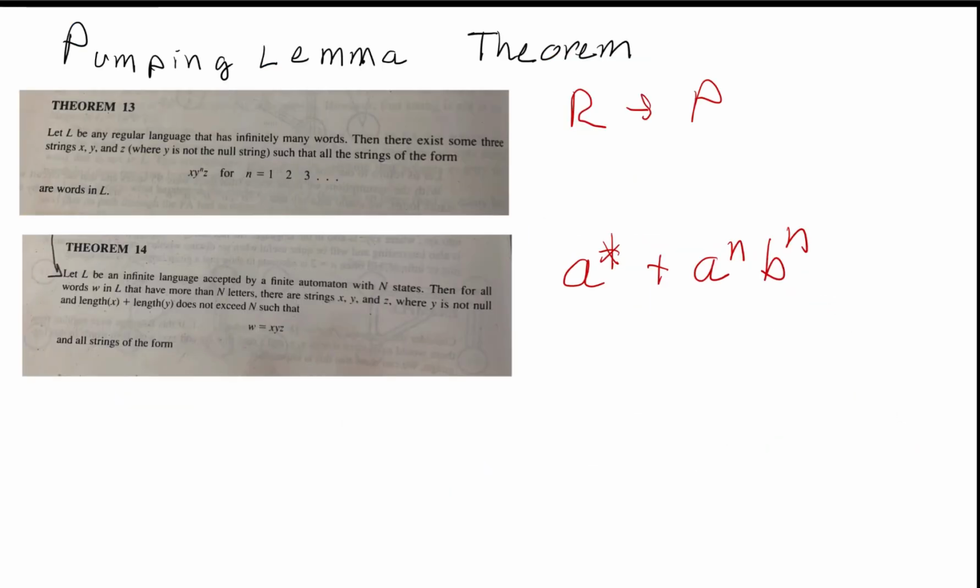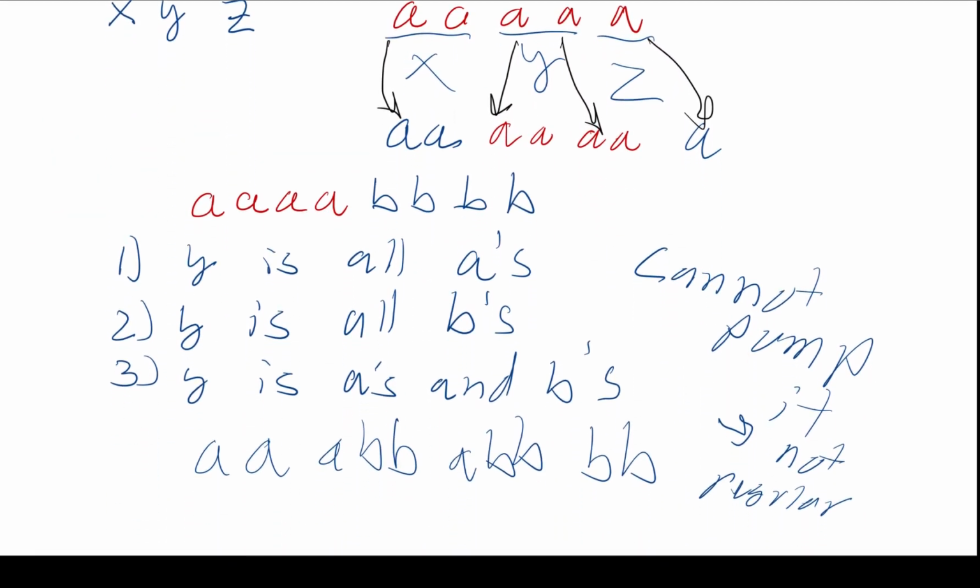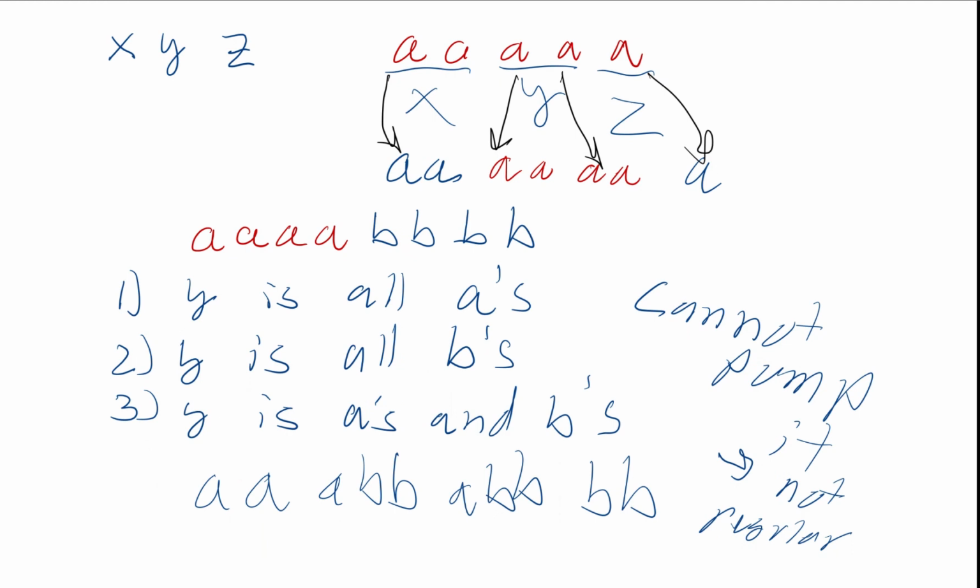So again, going back to the theorem, if it's regular, then we have to be able to pump it. If we cannot pump it, then it cannot be regular. And so that's our full reasoning for doing the proof. So let me cover the full proof of why a to the n, b to the n is not regular.